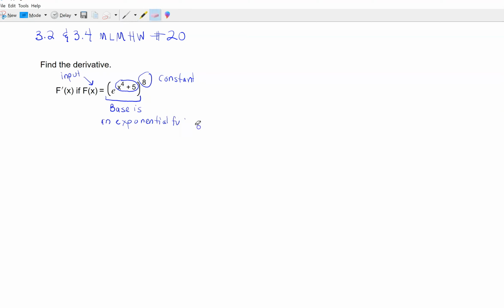Okay, so just to clarify, if I had said f of x equals 3x minus 5 to the 8th power, see how your input is going to a linear base, and that linear base is to a constant exponent. You would know, oh, I'm going to use power rule, right?